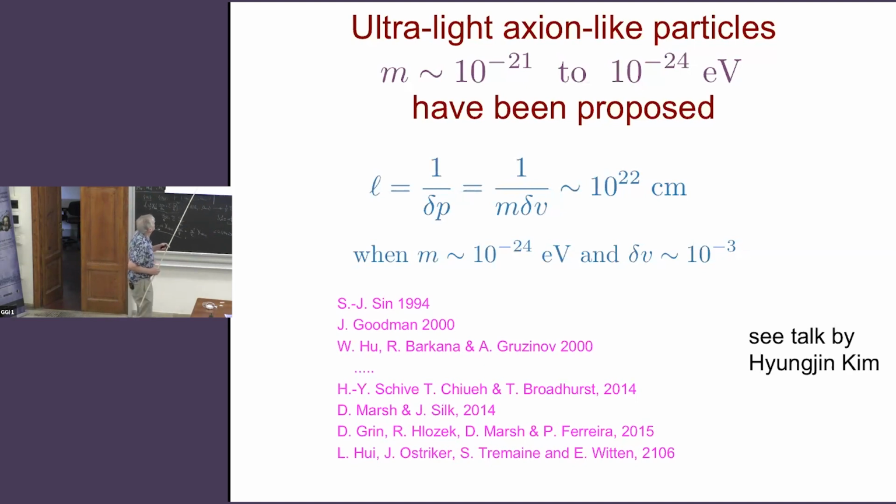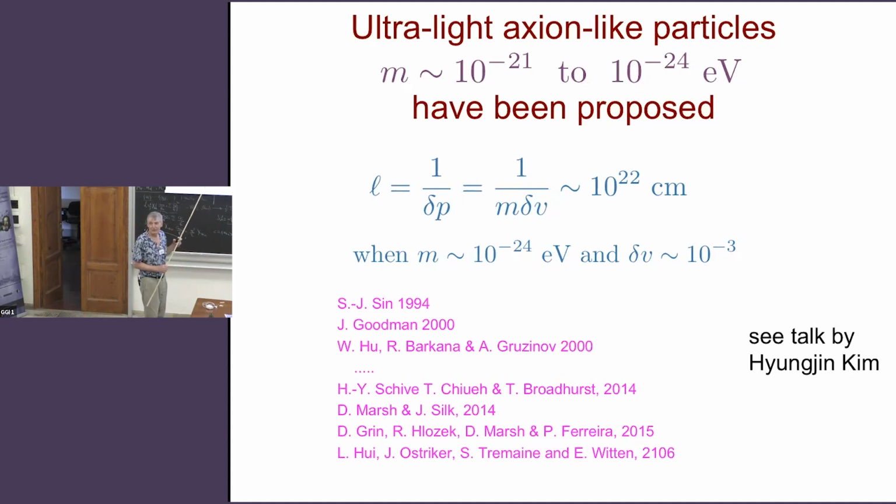And I like to point out that, as far as I know, the first one to propose this was Sanjin Sin, because he was a postdoc in Florida when he did this. But this has been picked up by many other people, very famous people, and it has been simulated on computers by, someone should pronounce this name because it's actually a Chinese name.